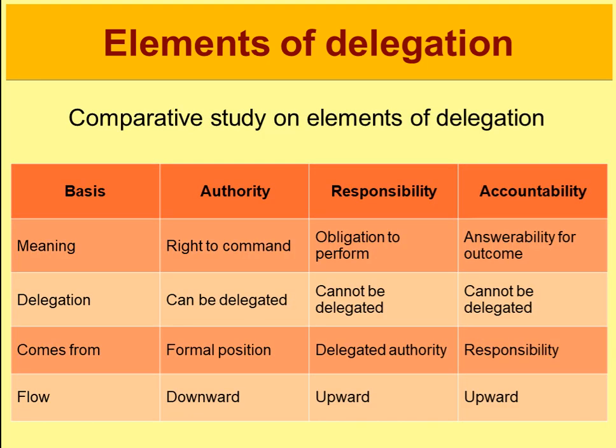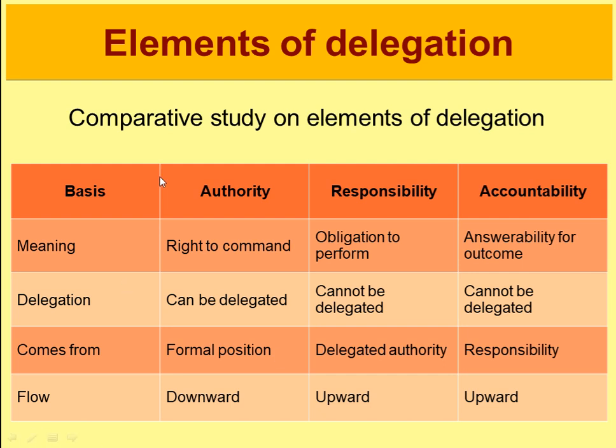In a comparative study of the elements of delegation, authority means the right to command, responsibility means the obligation to perform, and accountability means answerability for the outcome. Authority can be delegated, but responsibility and accountability cannot be delegated. We can delegate only authority; responsibility and accountability should stay with the superior.